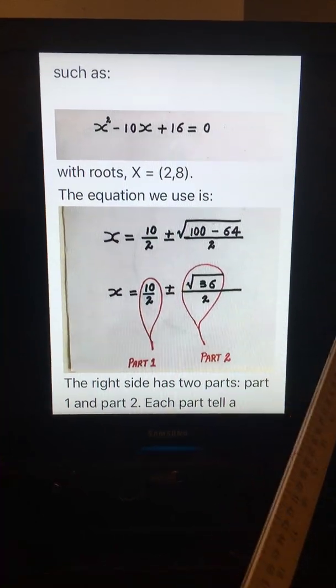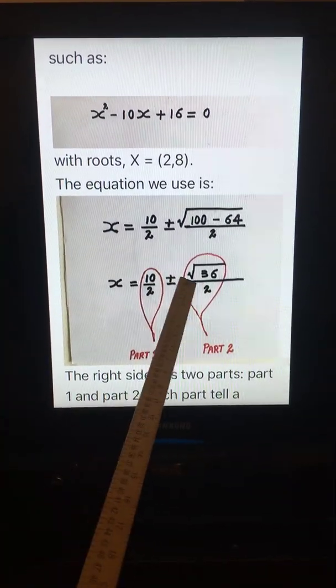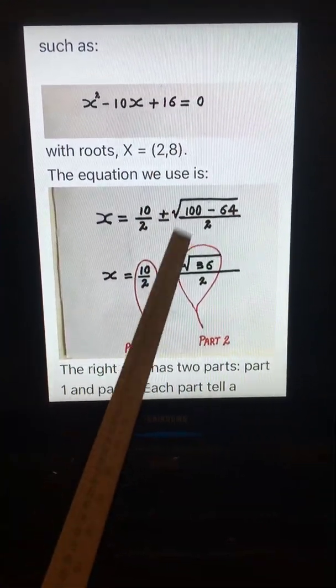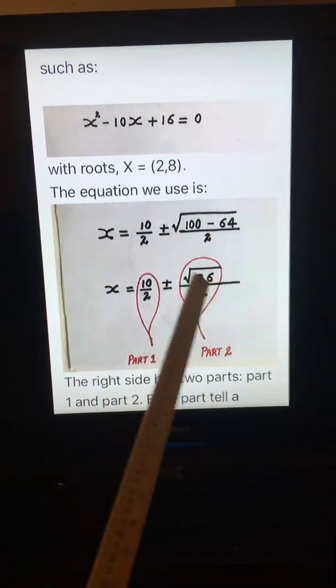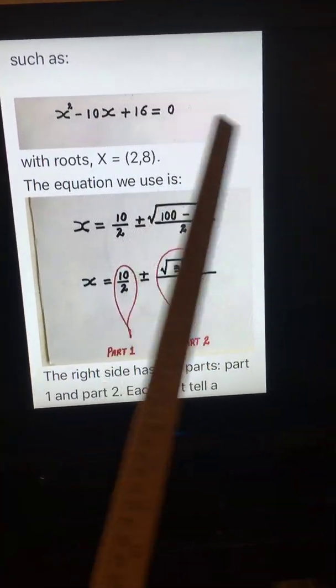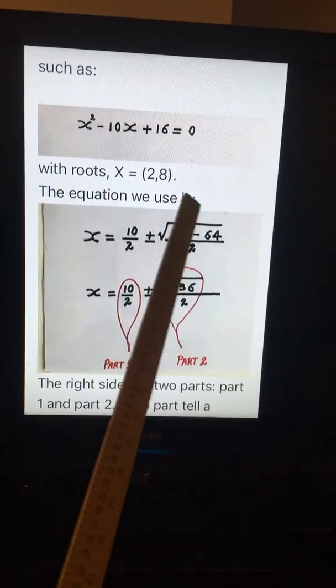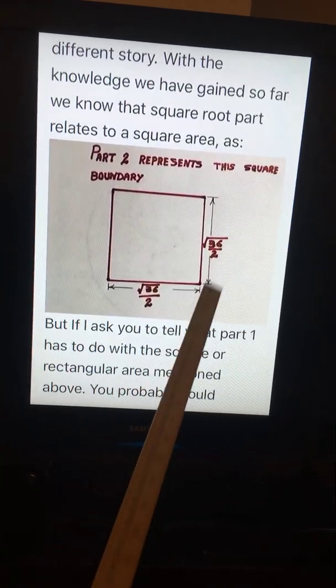That's our investigation, because if we evaluate both these parts, we will get 2 roots, but we are dissecting this equation right here, and we want to know what each part's geometric significance is. That's why we are dividing it into 2 parts.